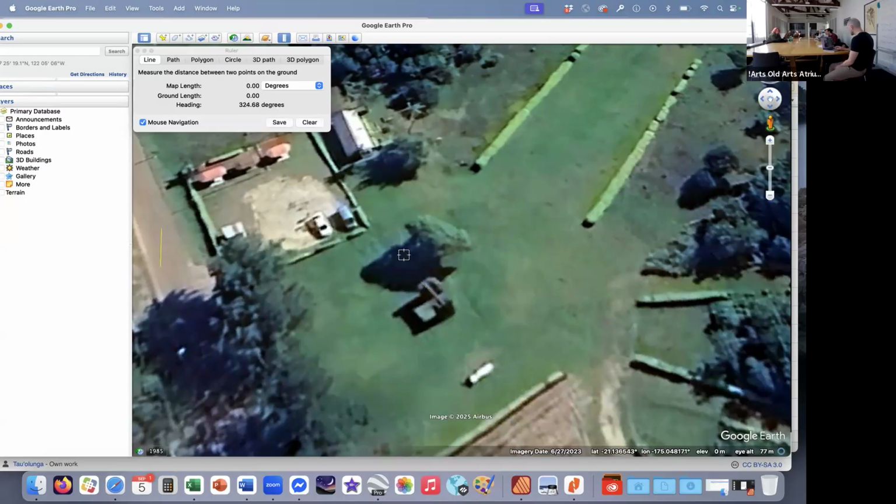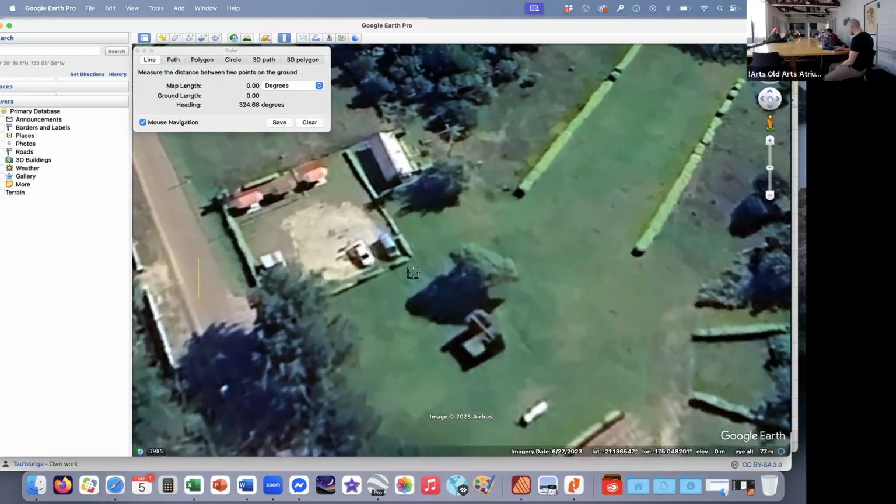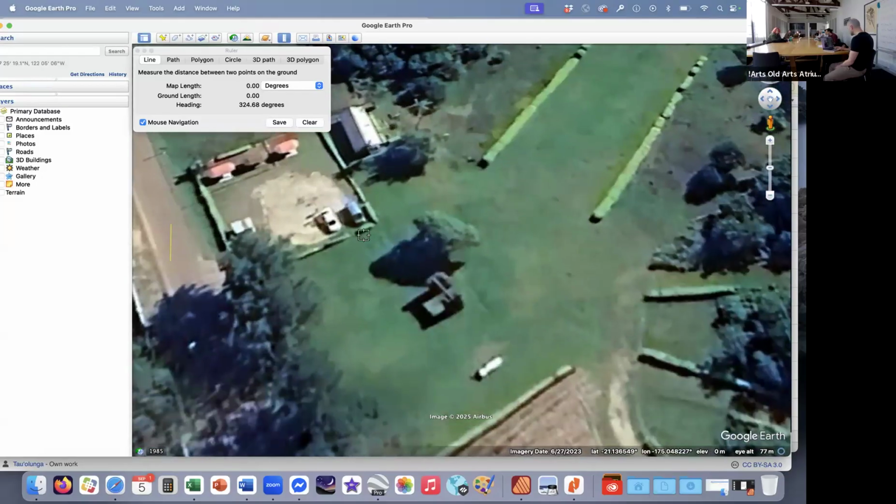I go back and I try it again. I try to get this lined up again, quite nicely. This time I'm getting almost 116 degrees. I do 5 or 6 measurements and I average them out.